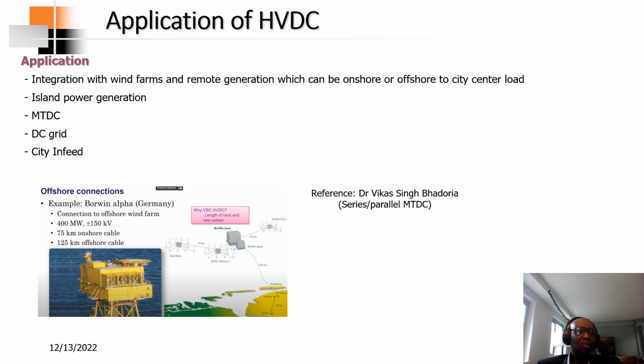And because some of these city centers are choked, it's very difficult to basically construct and install conventional power plants in these centers. So HVDC technology becomes the ultimate choice because of its very smaller footprint to install to provide voltage and power to this city center's load.